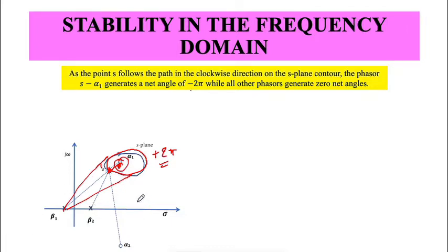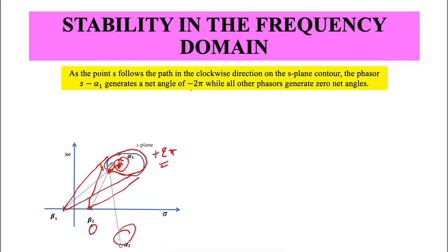So how much angle is generated? For this, the angle is 0. Similarly, this one just goes from this end to this end, again the angle is 0. Similarly for this one. And alpha 2 will generate 2 pi.